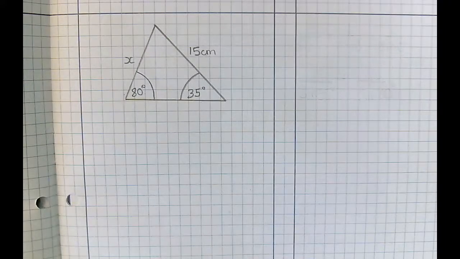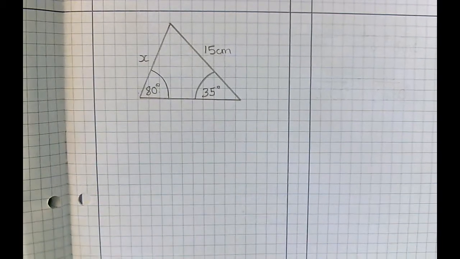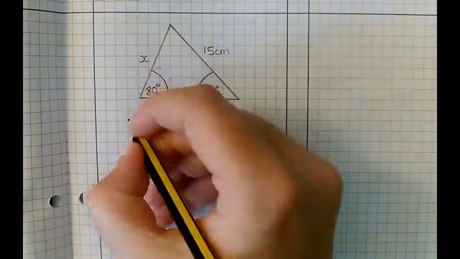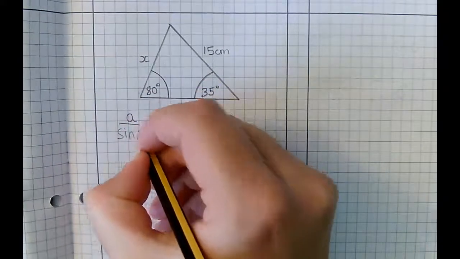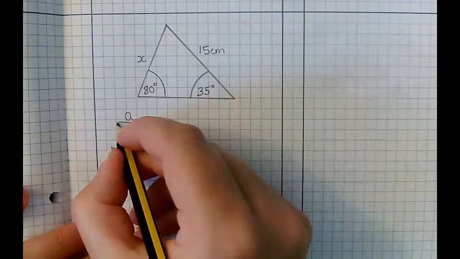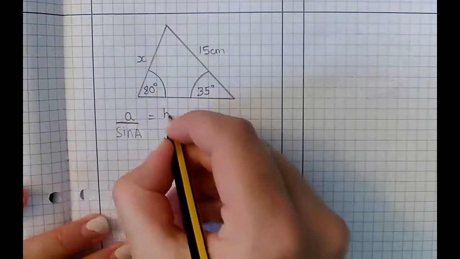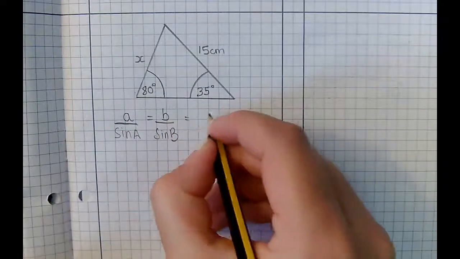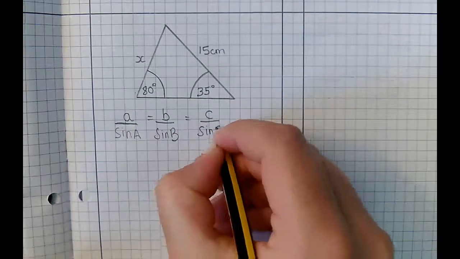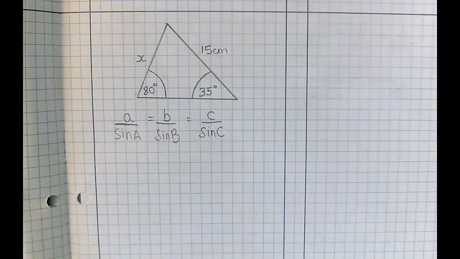We need to use the sine rule to help answer this question. Now I'm going to remind you what the sine rule is. The sine rule is a proportional relationship.